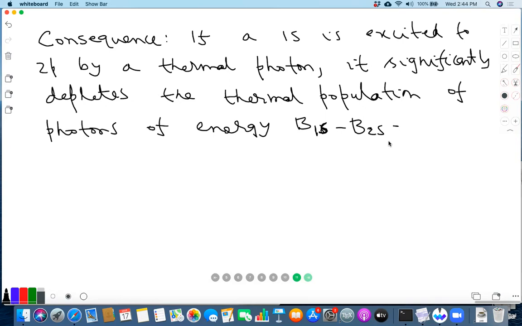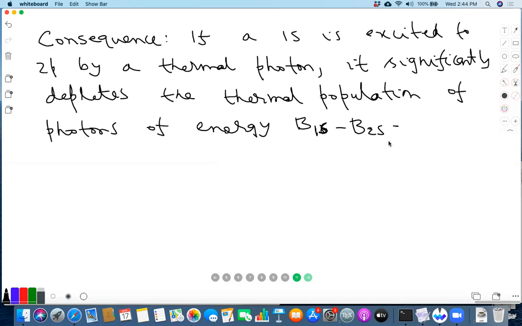So if a 1s state makes a transition to 2p by absorbing a thermal photon, then it affects the number of thermal photons in this energy. So it affects the next process. It affects the process that another 1s state will be excited to 2p because the density of thermal photons of this high energy has gotten reduced.